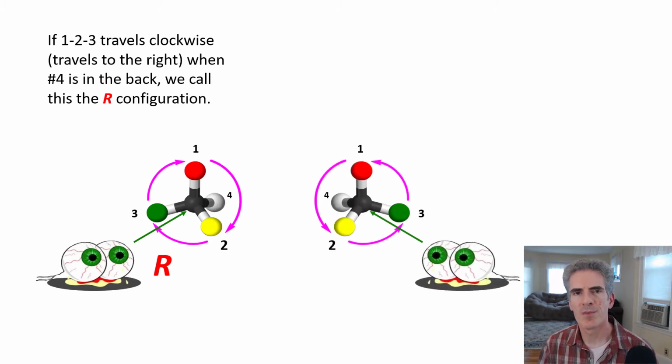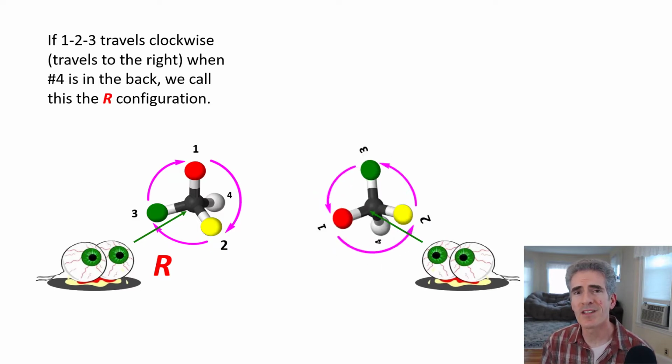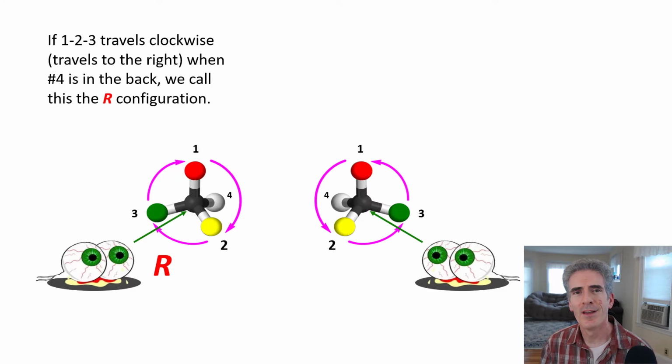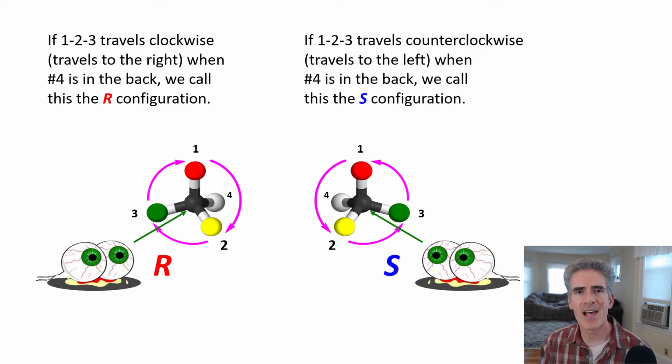Of course, we could also be staring into the chiral center with number 4 on the back and have the 1, 2, and 3 traveling counterclockwise, or traveling to the left, like this is showing. When 1, 2, and 3 is going to the left, we end up calling this letter S. And S is from the Latin word sinister, which loosely translates to left. So this is an overview of what the system is all about.